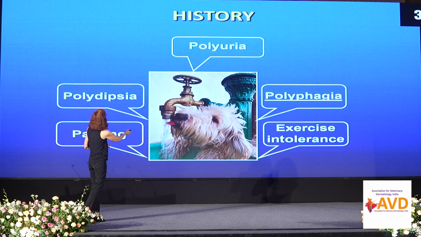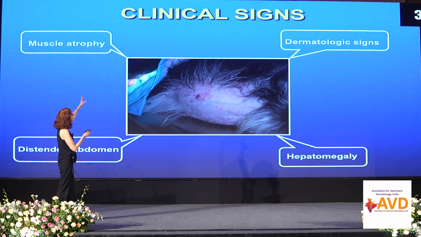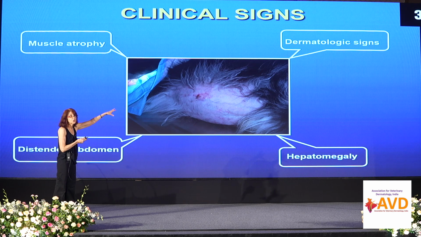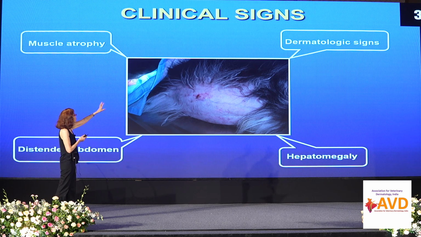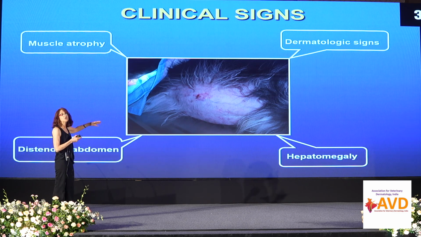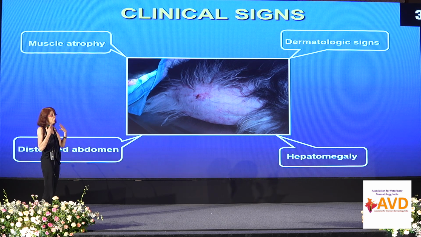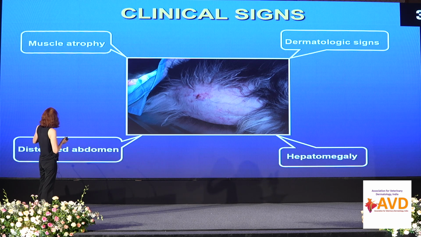Okay, no. Okay, then we clinicians, we see these dogs. Then we see the skin changes, which we'll talk a little bit more about in a minute here. So muscle atrophy, you may see it in various degrees in these dogs, very advanced degrees. It will be quite visible to you.